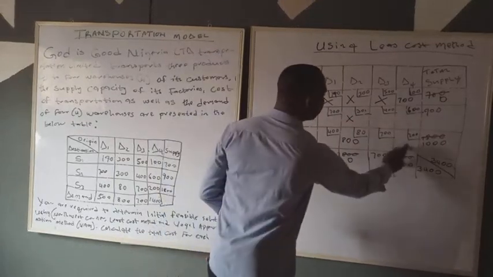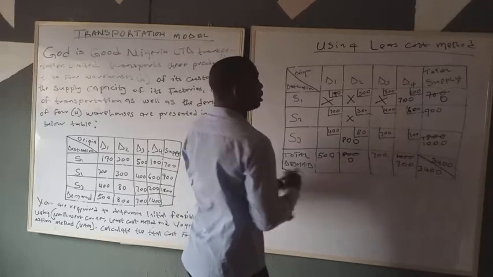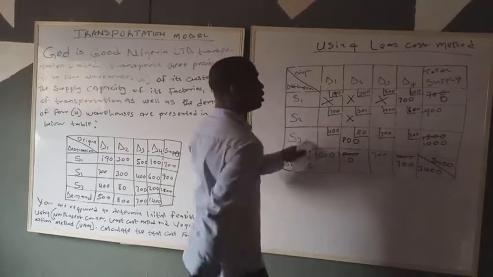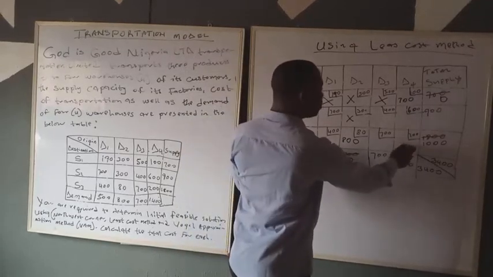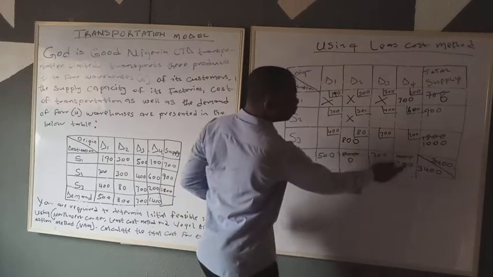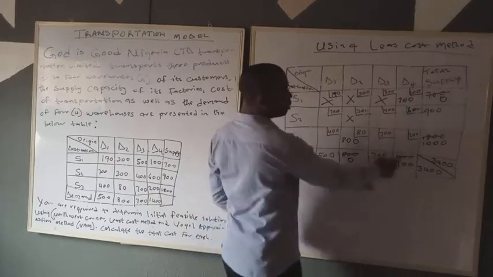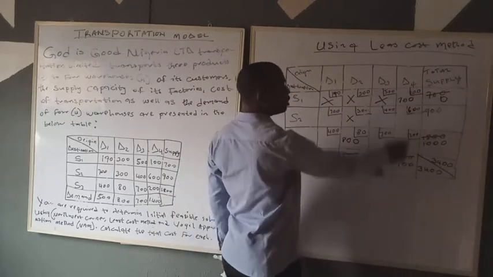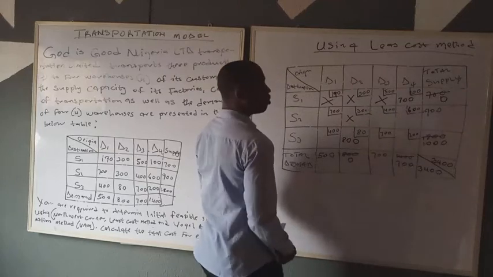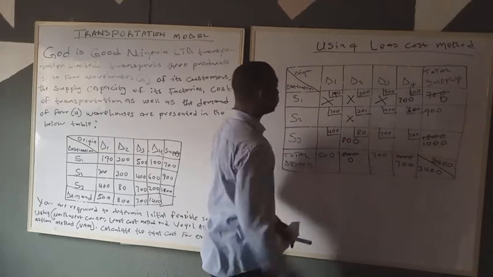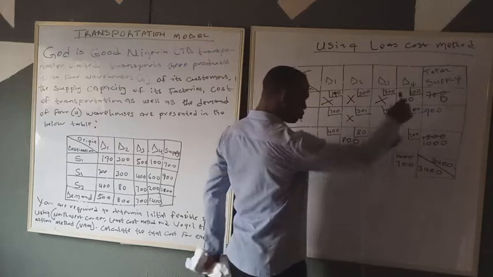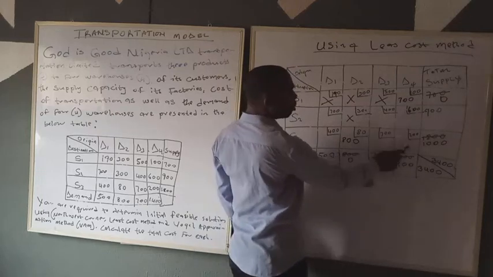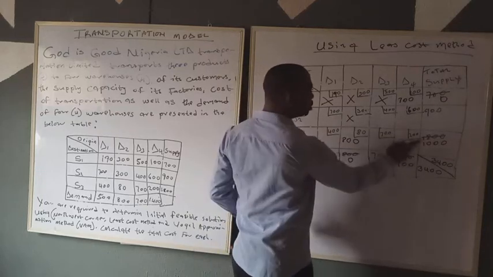So 200 falls under demand 4 and supply 3. Now, how much does demand 4 have? Initially demand 4 had a demand of 1004. We supplied 700 to demand 4 from supply 1, so now the remaining is 700.